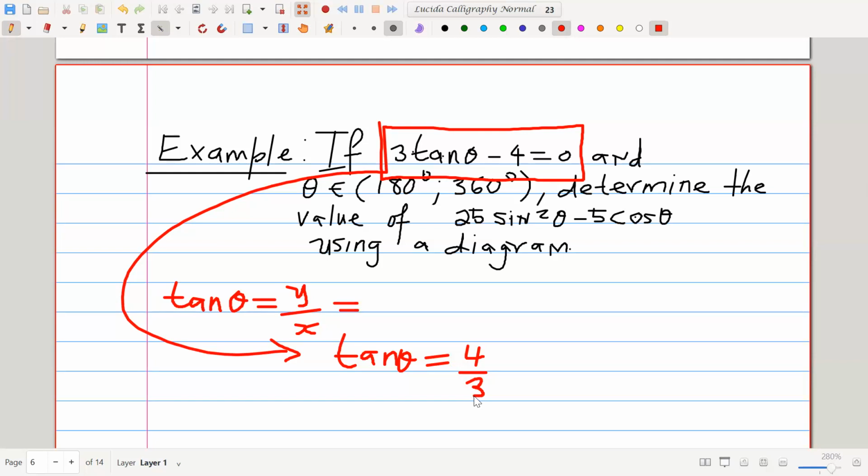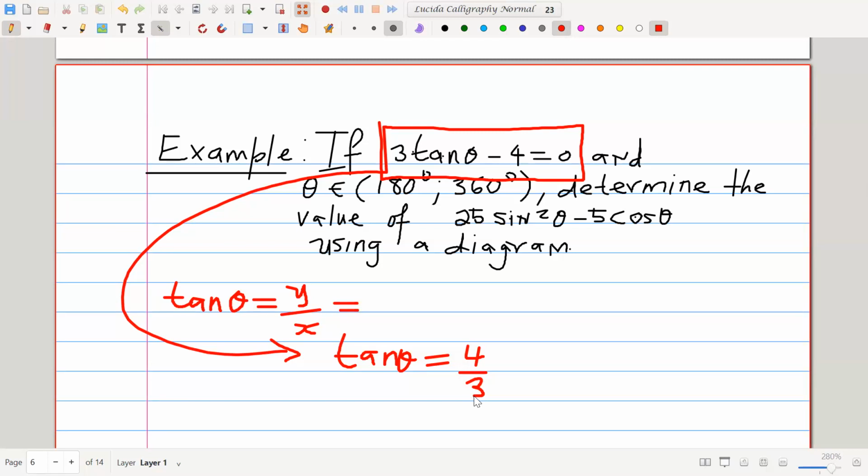We just transpose 4 to the other side, and then we divide by 3. So basically, we know that the tan theta value is going to be 4 over 3. And going back to the definition of tan, tan is actually y over x. So we do have that information.